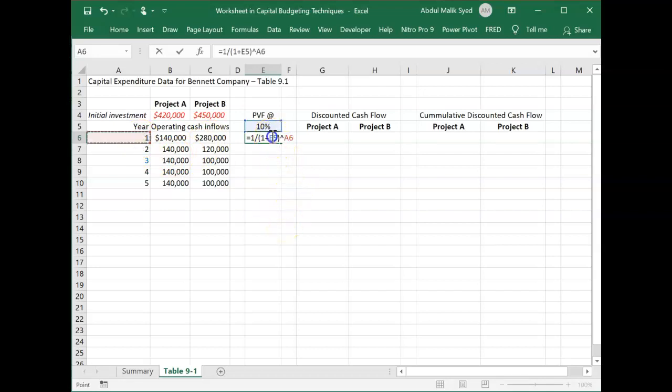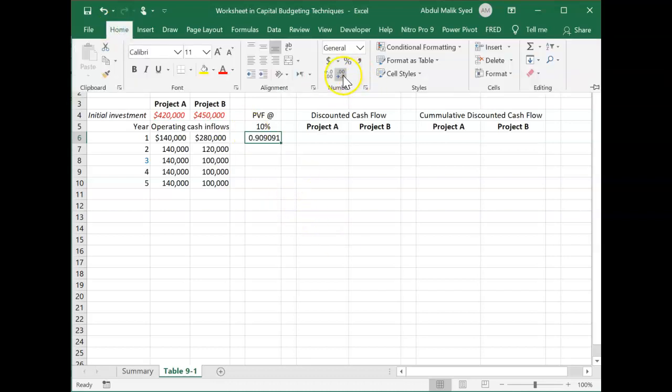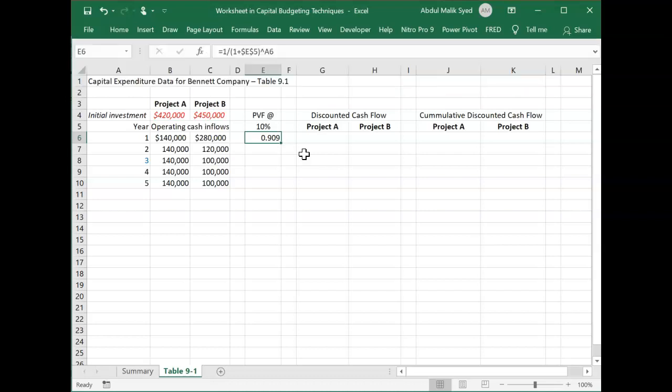And since I am going to make it fixed, I put the dollar signs, fixing the E5 for both the column and the row. Okay, so I get 0.909. I just take 3 digits, so just remove digits, and then copy down the formula by Control D.